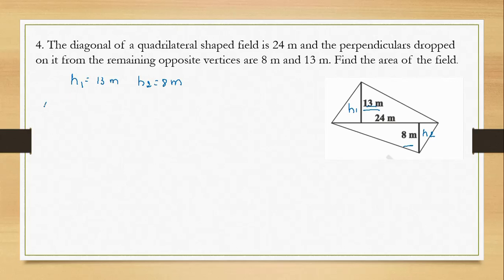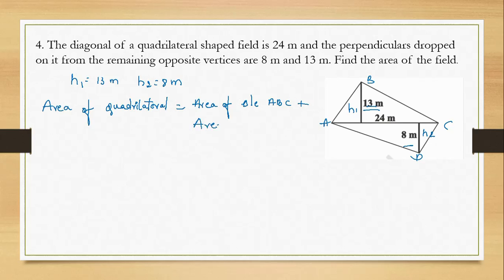So in the quadrilateral, the area of the quadrilateral is divided into two triangles, that is area of triangle ABC plus area of triangle ADC.